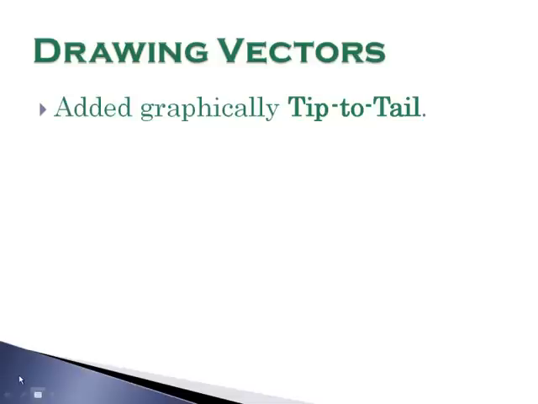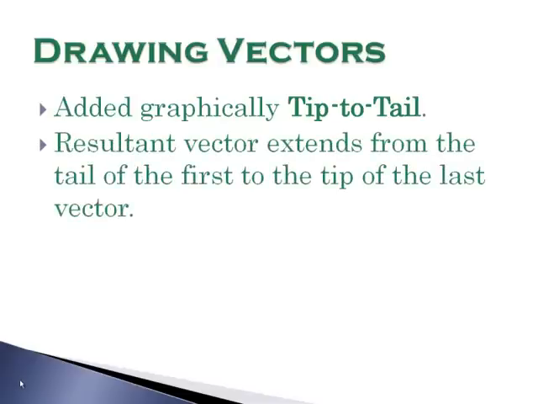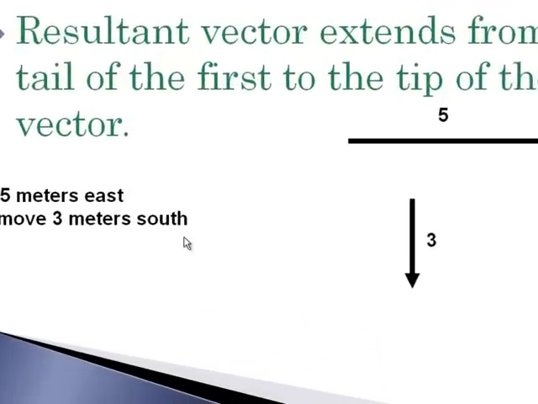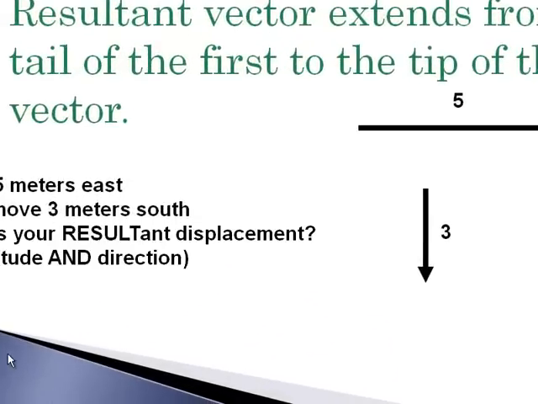So the big thing is that we add them tip to tail, and so we need to talk about what that means. And so if I move 5 meters east, and then I go 3 meters south, what is the result of those two things? And we refer to this as my resultant.